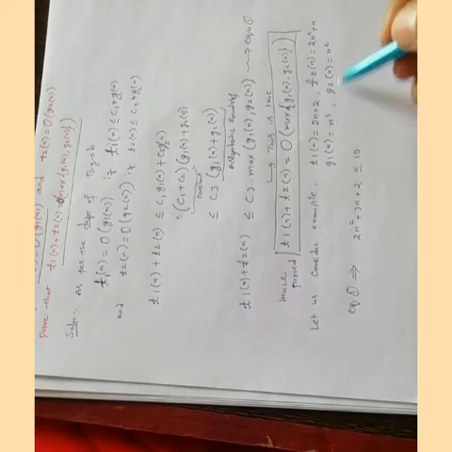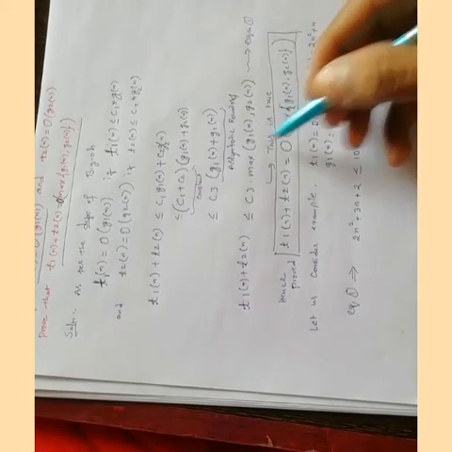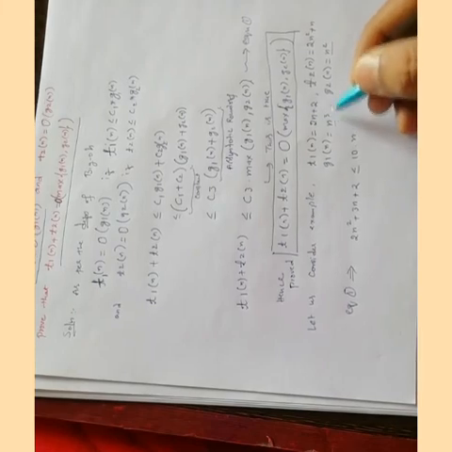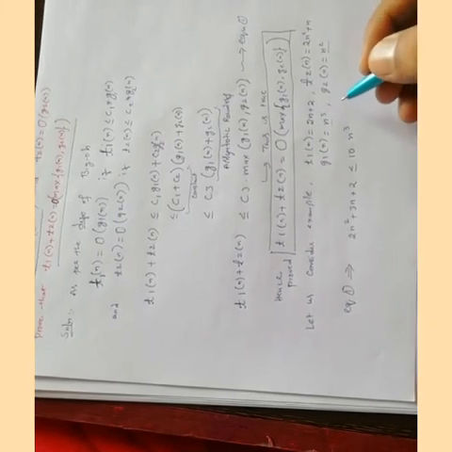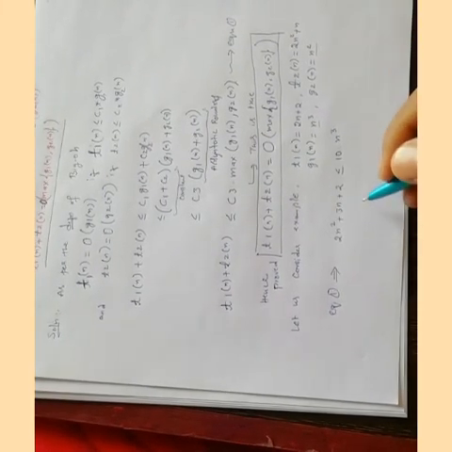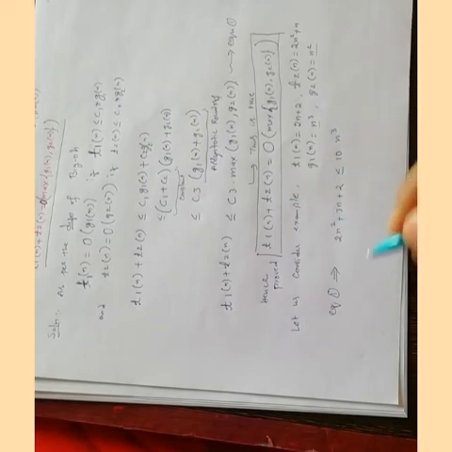For c3 you can take anything, for example I will take the constant as 10. Which one is the maximum here? n cube. I will consider that. So we have to prove this.